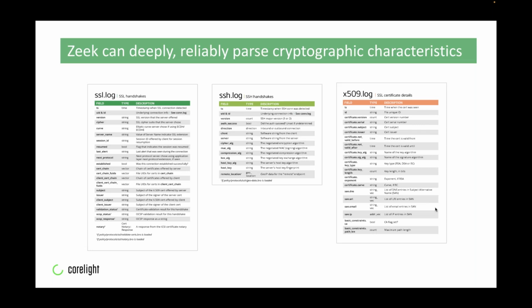So all of that information, as mentioned previously, is accurately extracted from the network packets and is assembled in those logs so they can be made use of when you're doing your threat hunting or your analysts are doing their searching.